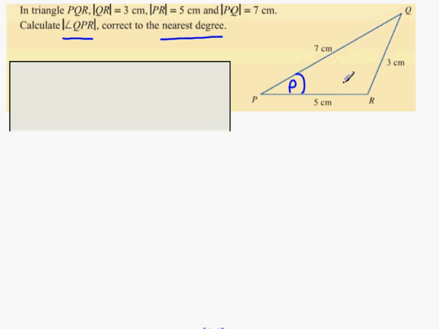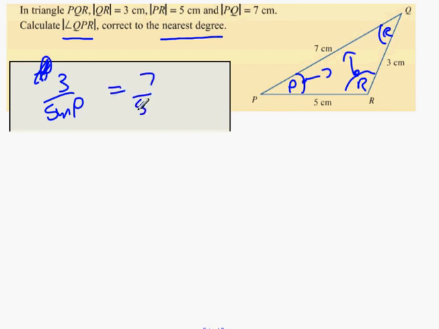It's going to be 3 over sine P. Do you see that? The P is looking at the 3. The R is looking at the what, guys? So 7 over sine R. No matter what, there's going to be 2 letters. So when that happens, you go to the cosine rule.